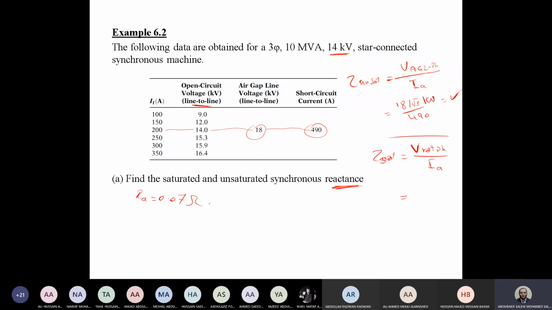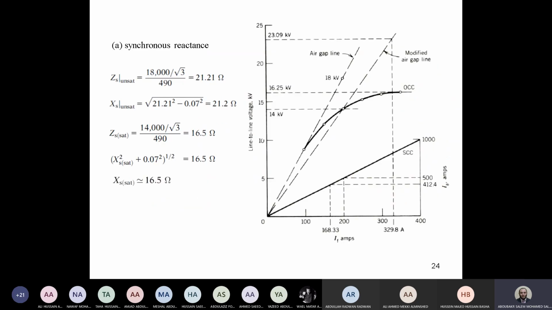So we can say here it's 14 kilovolt over square root of 3 divided by the same value of the armature current. So this will give you the value of saturated synchronous impedance, and you have the value of resistance. You can easily get the value of synchronous reactance.